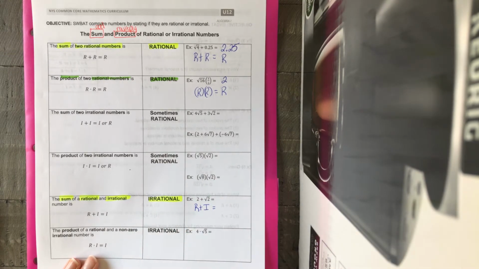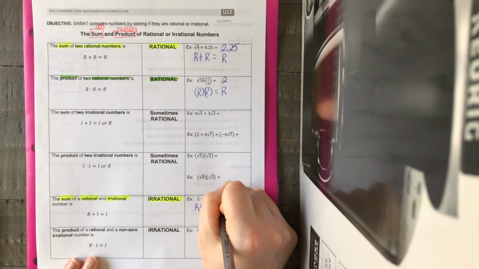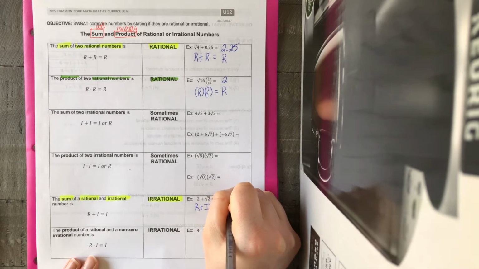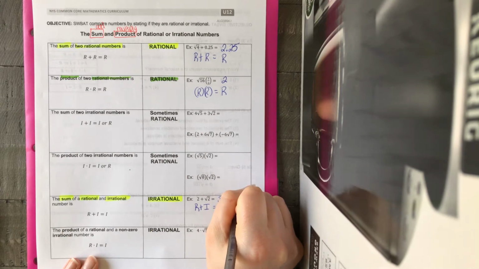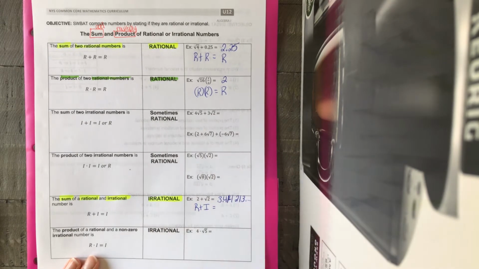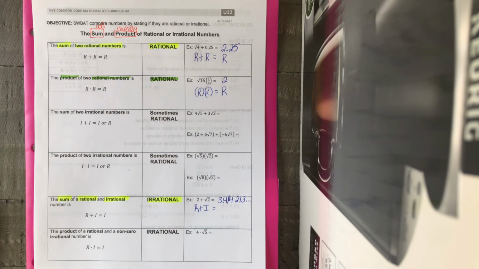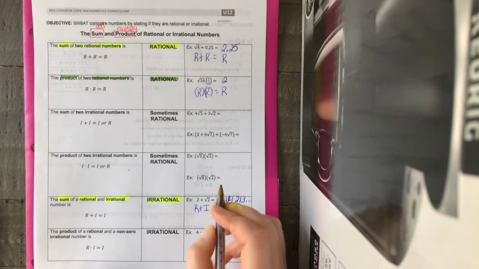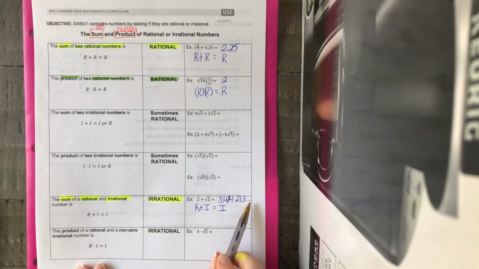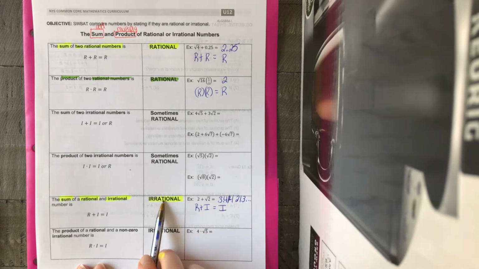When I type those in, I get the decimal 3.414213... It goes on forever. This is definitely irrational because it goes on forever and nothing is repeating. So far this is true.